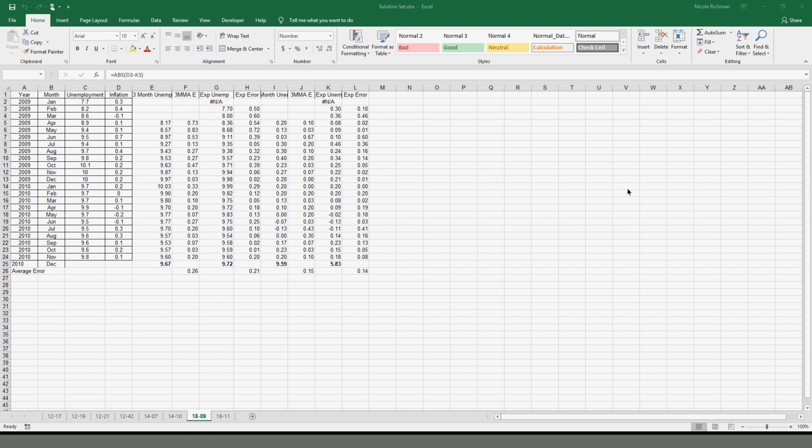So I know we're on the right track. The next thing we need is our intercept. And in Excel, the formula is equals intercept. And again, it's asking for our known y's and our known x's.